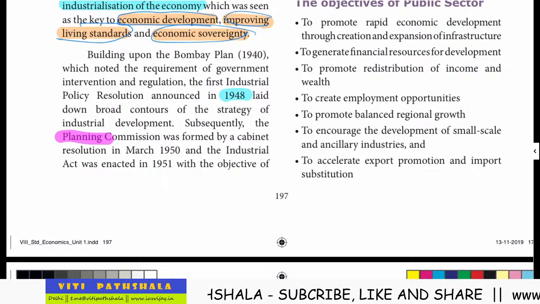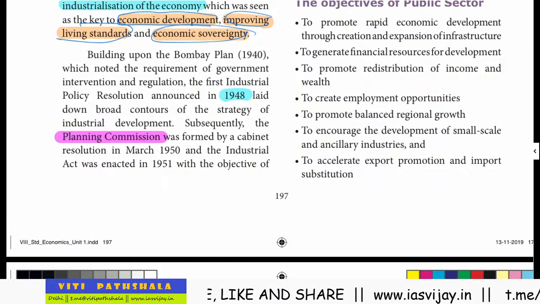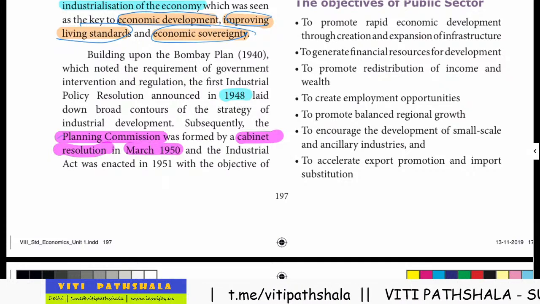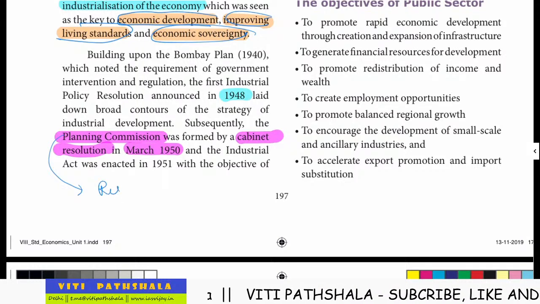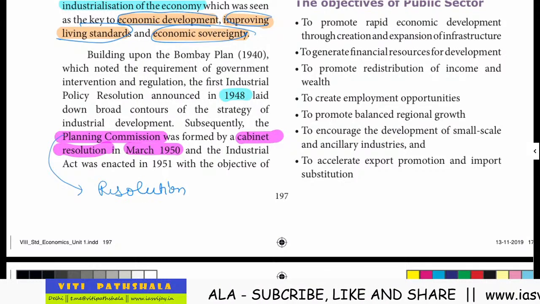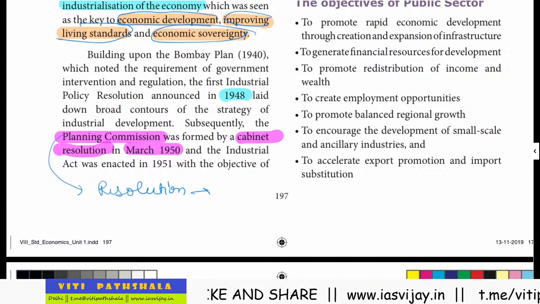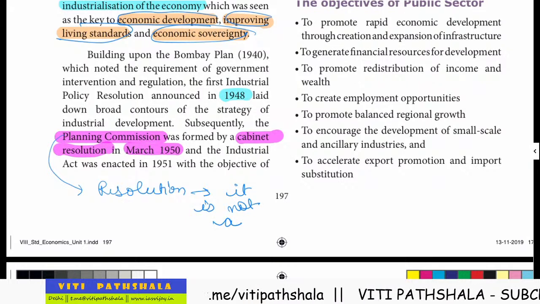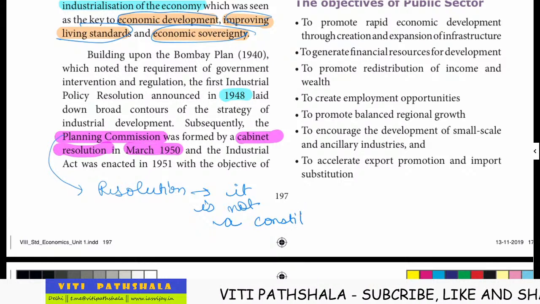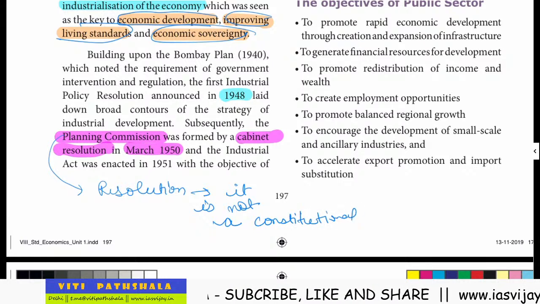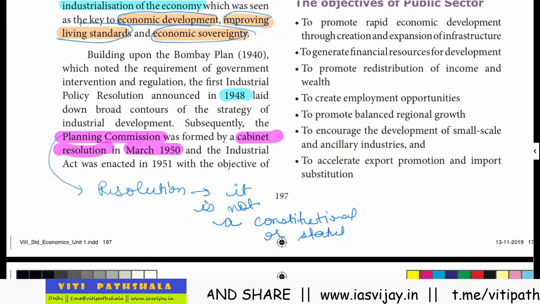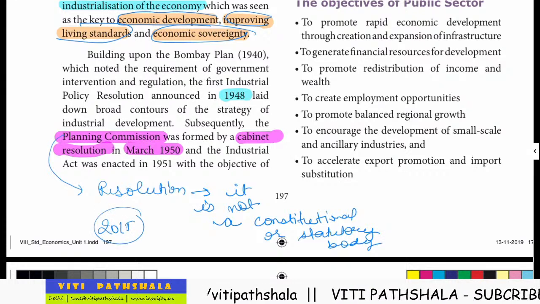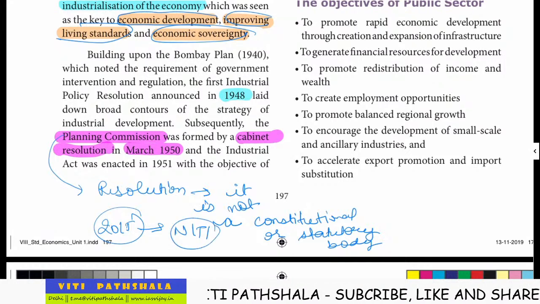Subsequently, the Planning Commission was formed by a cabinet resolution in March 1950. Remember here, it is not a constitutional or statutory body. In 2015, when the Modi government came, it was transformed into the Niti Aayog.